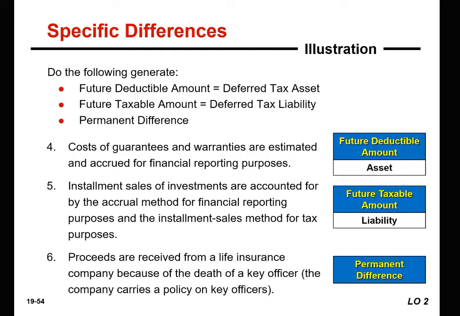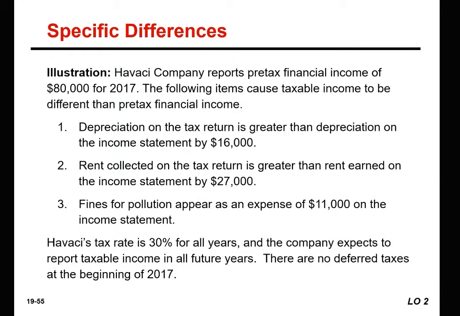Let's go a little deeper and look at an illustration by Havachi Company, who reports pre-tax financial income of $80,000 for 2017. They have these three items which cause taxable income to be different than that of pre-tax income. Depreciation on the tax return is greater than depreciation on the income statement by $16,000.